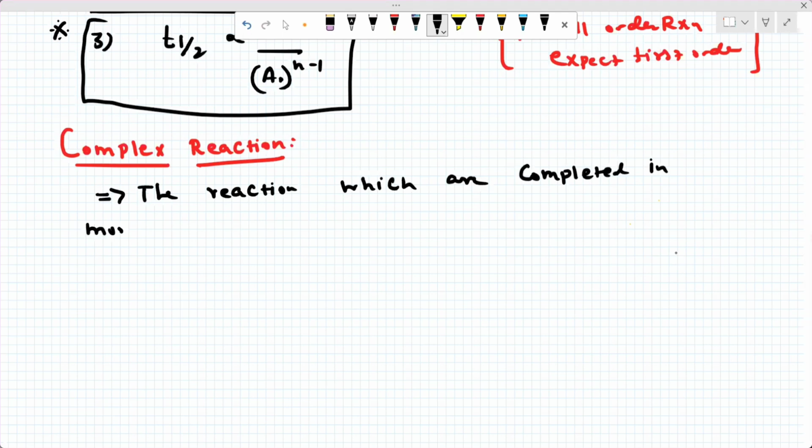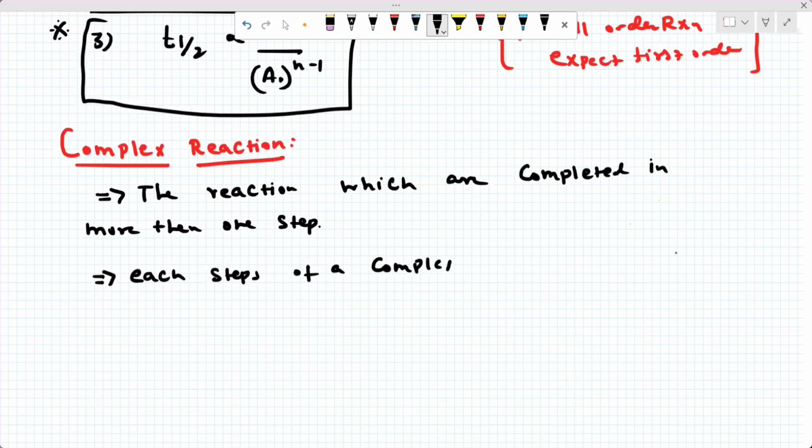Simple definition: more than one step. Second important point: each step of a complex reaction is an elementary step.